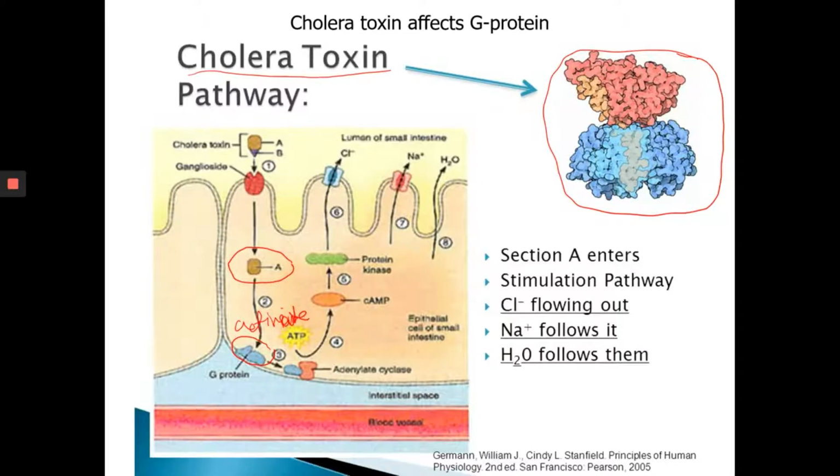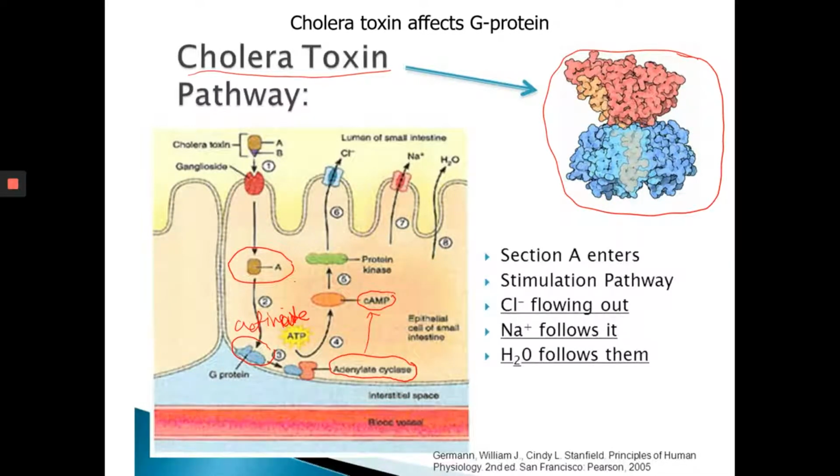Now, if you remember, we said that once the G protein is activated, the subunits will dissociate, right? And then one or both of them can activate other enzymes, which will eventually cause a cellular response. So the toxin can activate the G protein, and then the G protein activates this enzyme, which activates a second messenger.